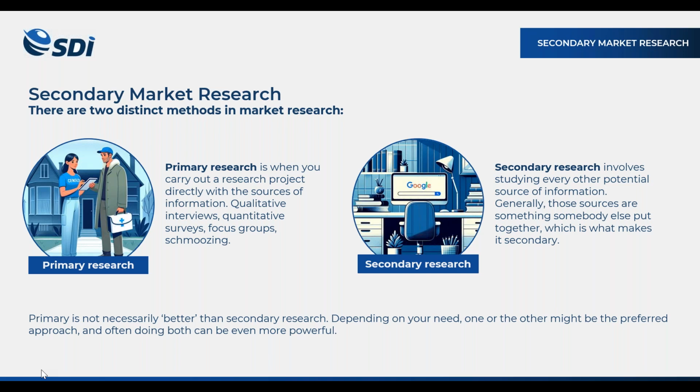Articles, government data, financial reports. These sources are typically put together by someone else, which is what makes it secondary when you are researching by looking at those sources. It's important to understand that primary is not necessarily better than secondary research. It really does depend on the kind of questions and answers you're interested in. And often doing both kinds of research can really be complementary and give you a fuller picture of any business situation.